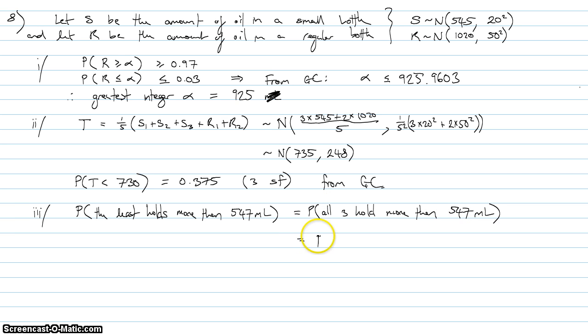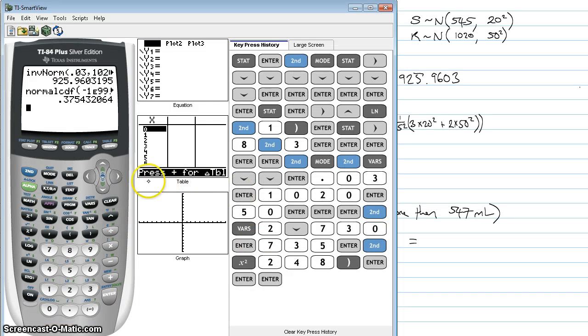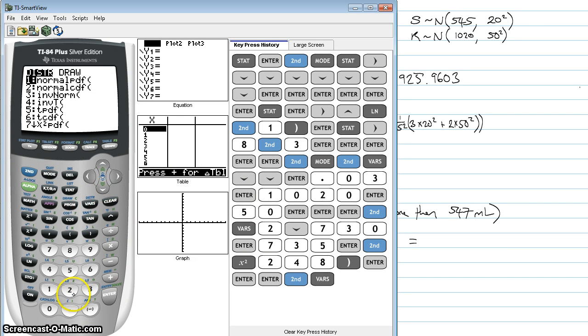So this is just the probability that a small bottle is greater than 547 to the power of 3. So again, we can go to our GC, and if you remember the distribution for S, okay, so it's the chance that it is more than 547.